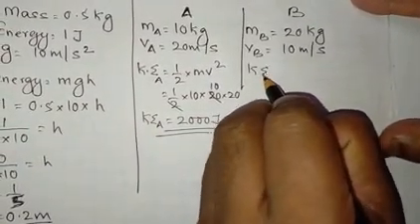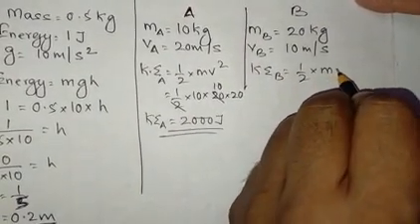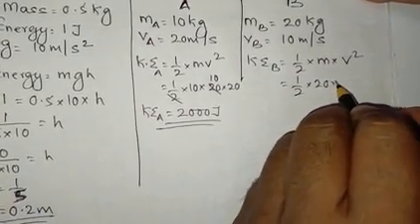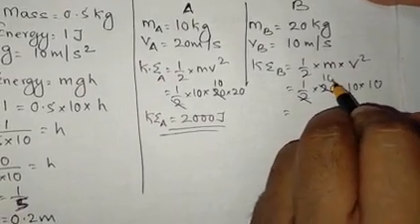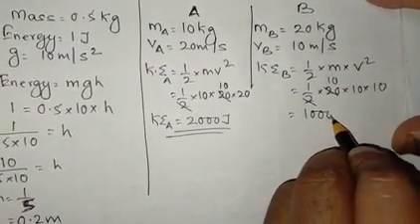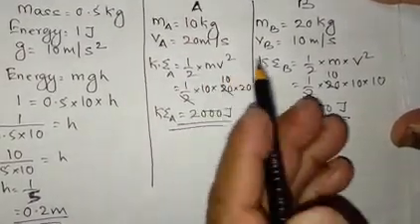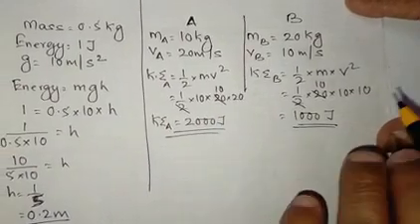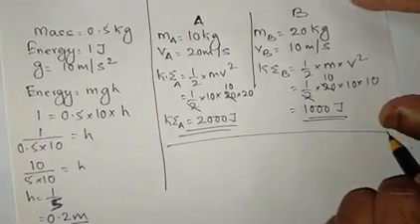Now similarly I want to find the kinetic energy at B. Half into m into v square, that is half into 20 into 10 into 10. That will give me 1000 joules. So this is a numerical in which mass is given, velocity is given, mass is doubled, velocity is halved. This kind of numericals you need to practice.